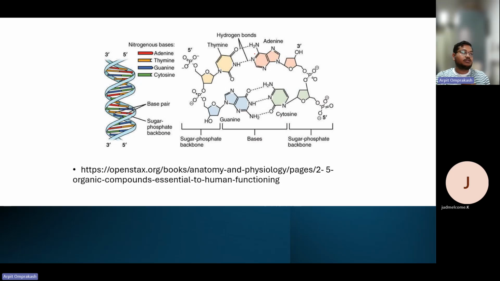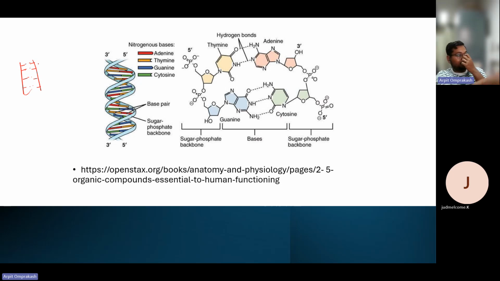So adenine and thymine form 2 hydrogen bonds, whereas cytosine and guanine form 3 hydrogen bonds. And that's how we have 2 strands of DNA with different bases, which are bound to each other using hydrogen bonds.